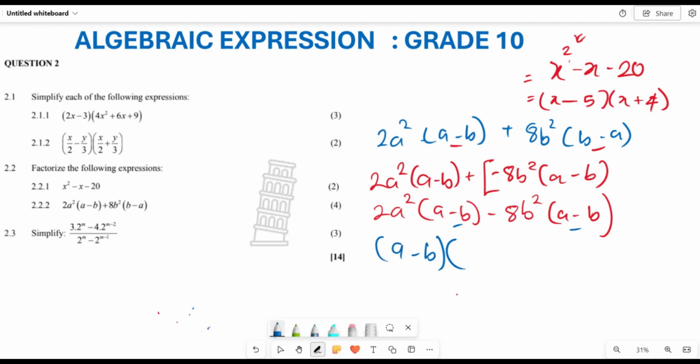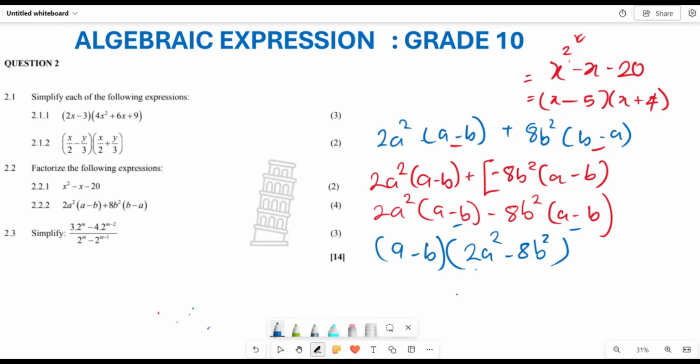And then what am I going to be left with here? This is the same as 2a squared subtract 8b squared. Now, what is it that you can do from here?